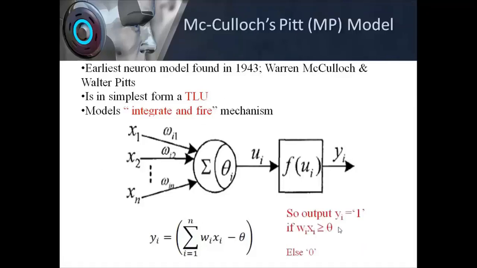The output is 1 if the whole summation is greater than theta. If the summation of all the inputs coming to the ith neuron is not equal to or greater than theta, then the output is 0.